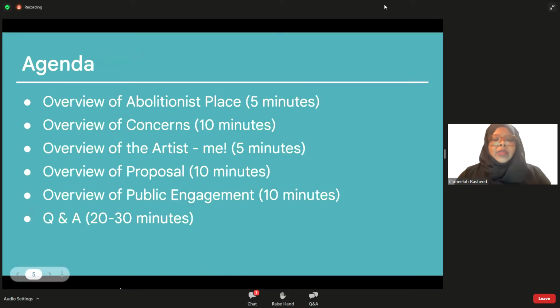So just a bit of an agenda for our time together. We have 1 hour together. And again, like I said, I want to spend most of this time responding to folks' questions. Our agenda is an overview of Abolitionist Place and just describing what it is as a project, and then talk through some of the concerns that folks have expressed about the project and my proposal in specific, an overview of the artist, that's me, an overview of the proposal, and then an overview of the public engagement.